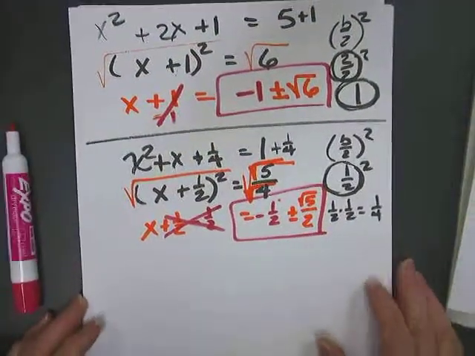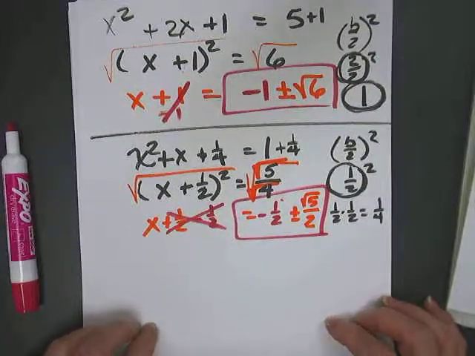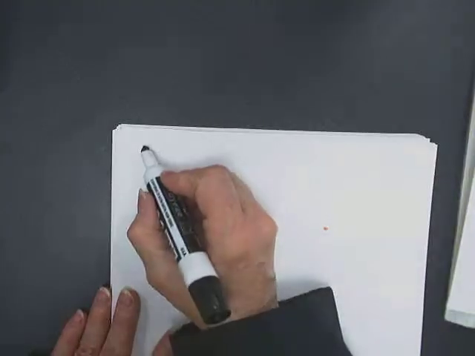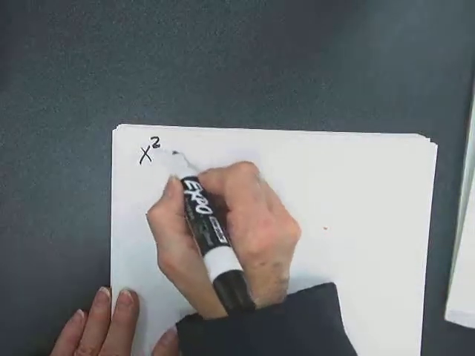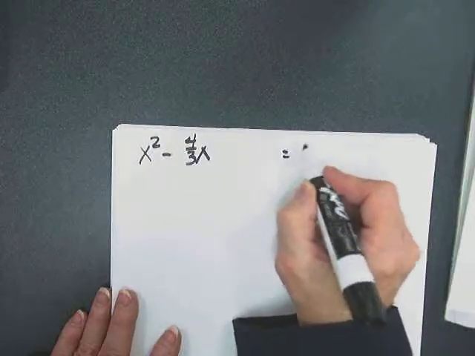Since it's the same, you actually could put it over 2, but it's better to leave it separated like that. So it looked easier, but it really wasn't. Better if you have an even number here that divides by 2. That way you get a whole number there.